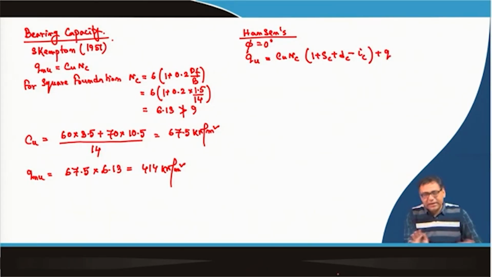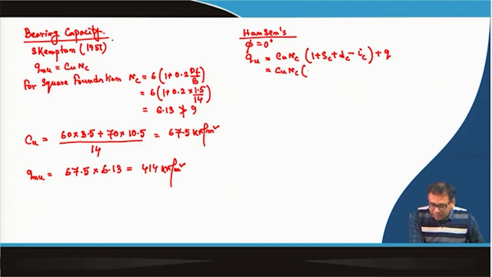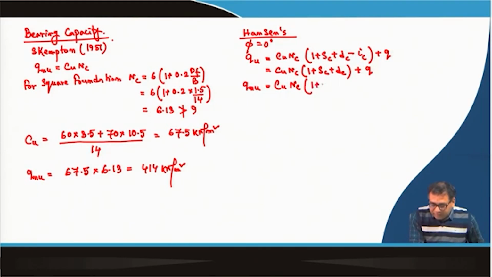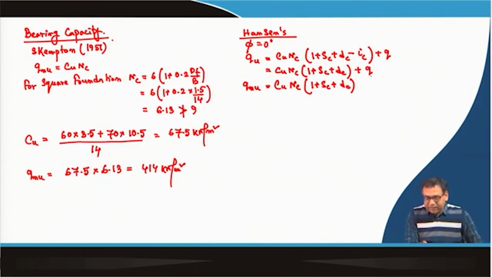But here the inclination effect is not there, because loading is not inclined, it is perfectly vertical. So, the modified equation will be Cu Nc 1 plus Sc plus Dc plus q. So, Ic will not be considered, because inclination is not present here. So, net ultimate will be Cu Nc 1 plus Sc plus Dc, because minus q we have taken for the net ultimate.